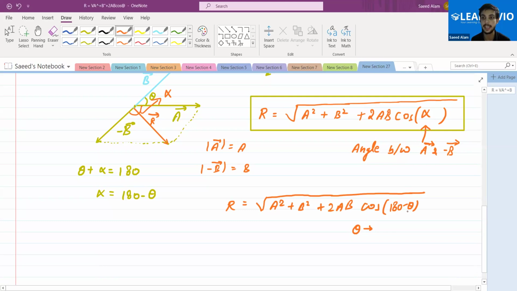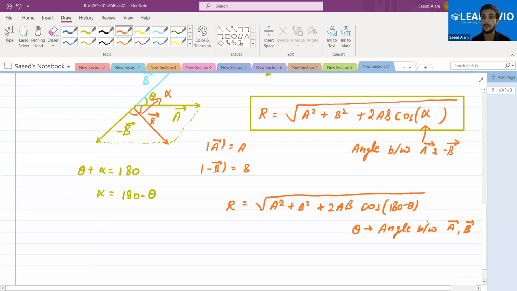What is theta representing, the angle between which two vectors? A and B. It is the angle between the two vectors that were given to us. Minus B was not given to us, we had generated it. Understood?